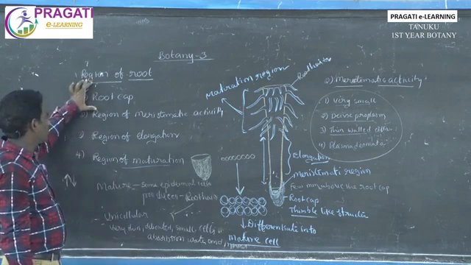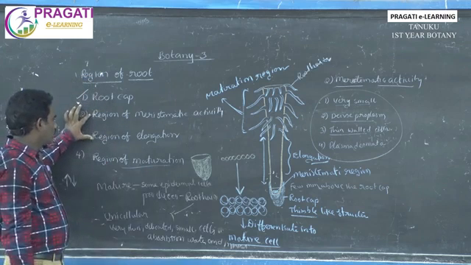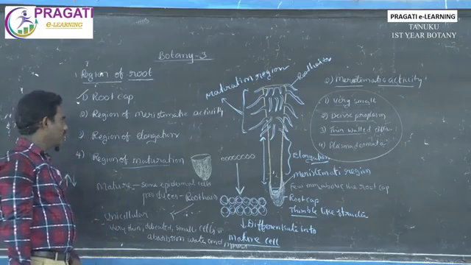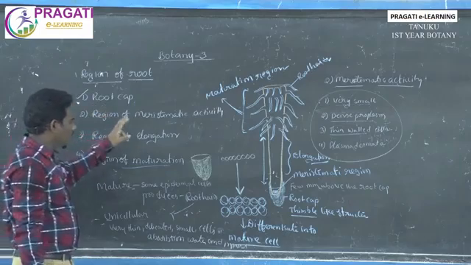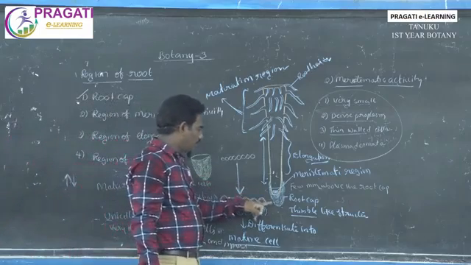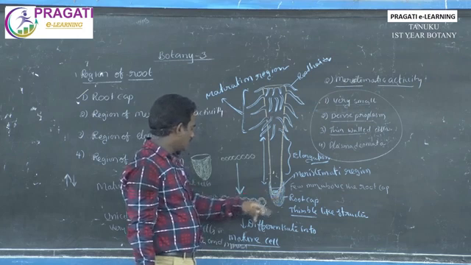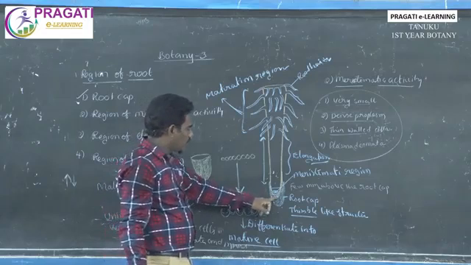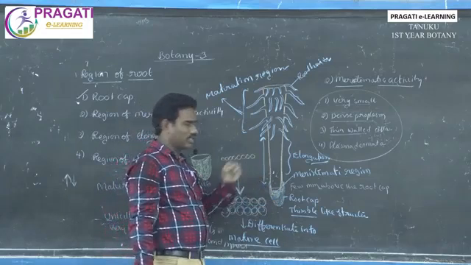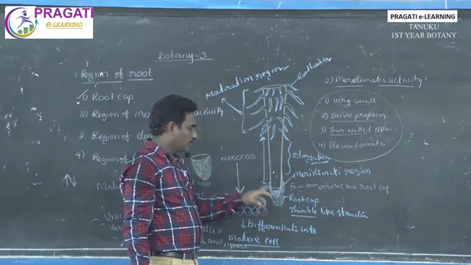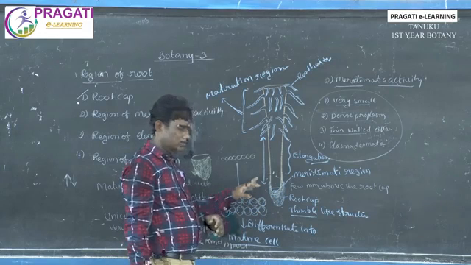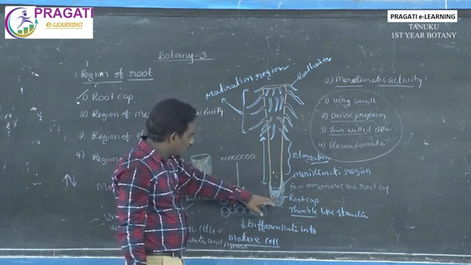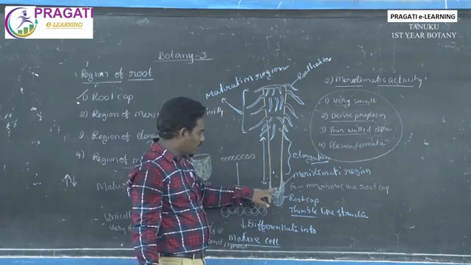The regions are the root cap, the region of meristematic activity, the region of elongation, and the region of maturation. The root cap is present at the tip of the root. It is a thimble-like structure and protects the tender part of the root as it penetrates. Next, a few millimeters above the root cap, there is meristematic activity.